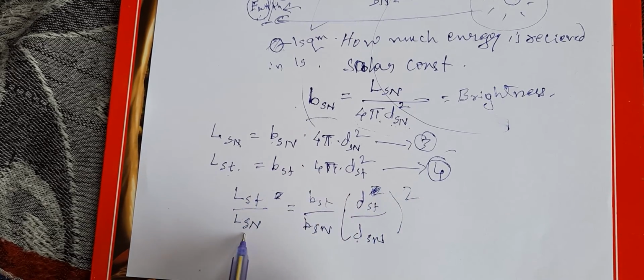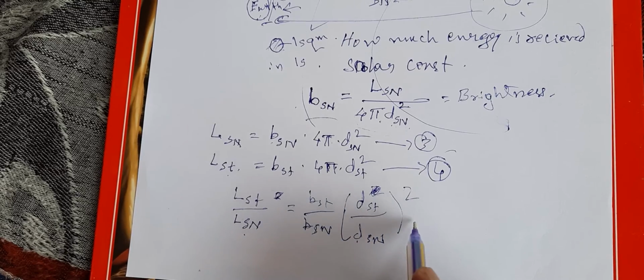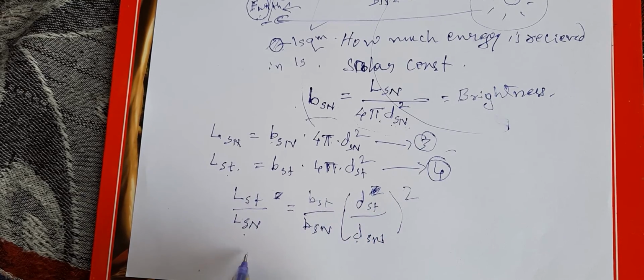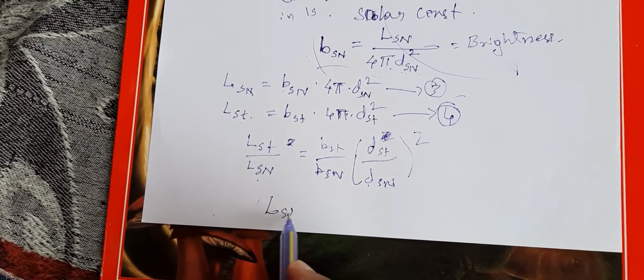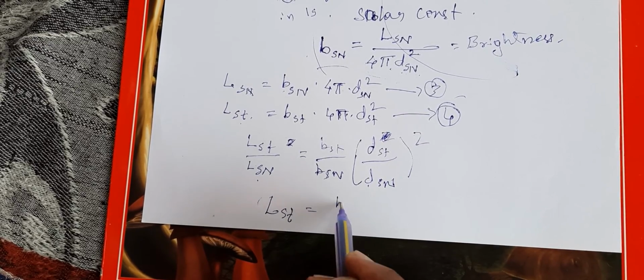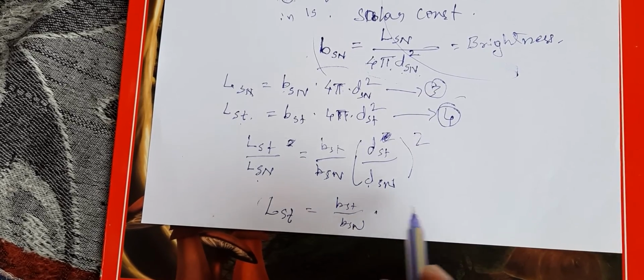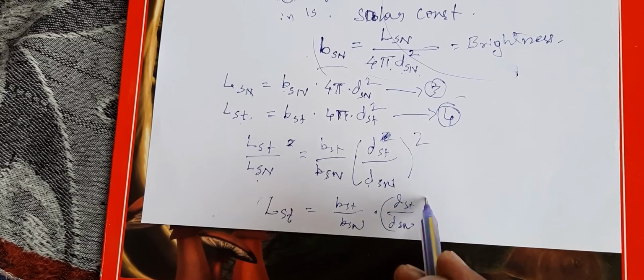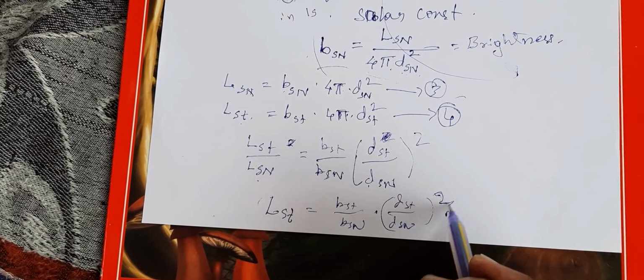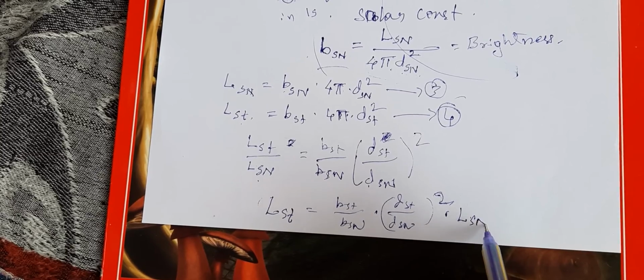Now you transfer L sun to this side, and you will get L star is equal to B star by B sun into D star by D sun squared into L sun.